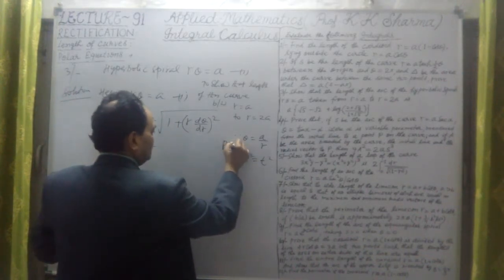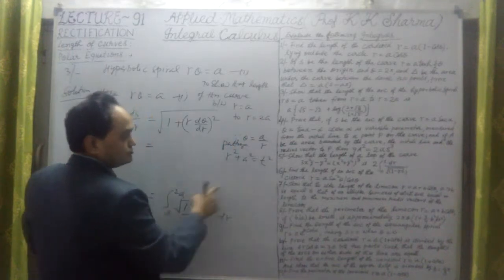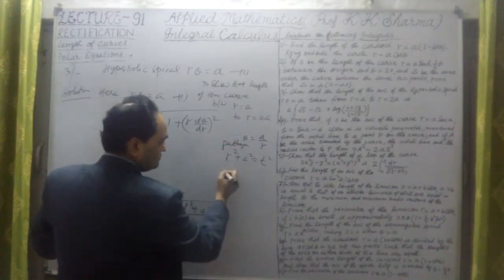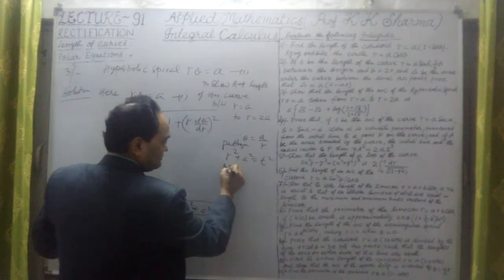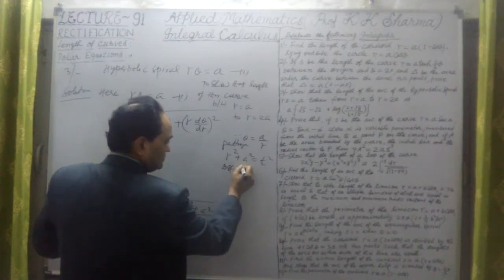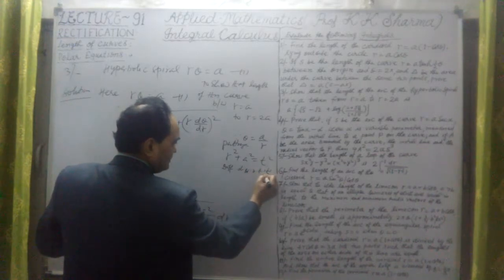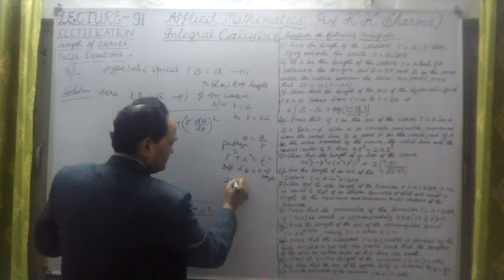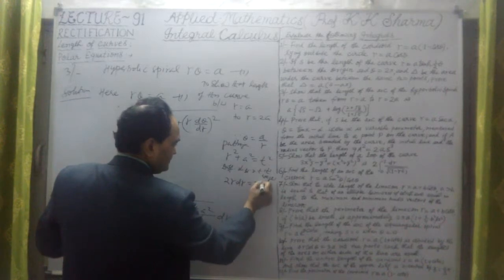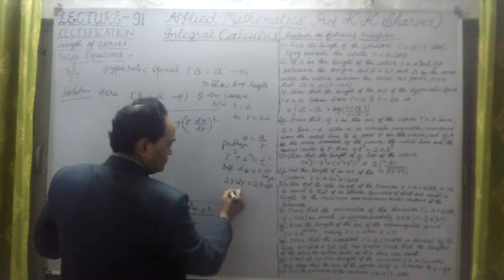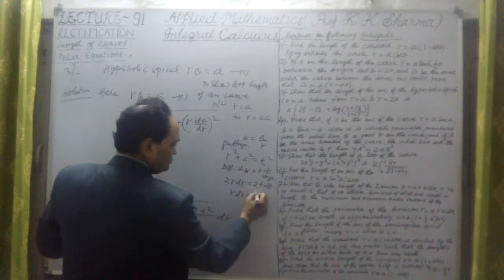Therefore, differentiating it with respect to t, we get twice r into dr equal to twice t into dt, or r into dr equal to t into dt.